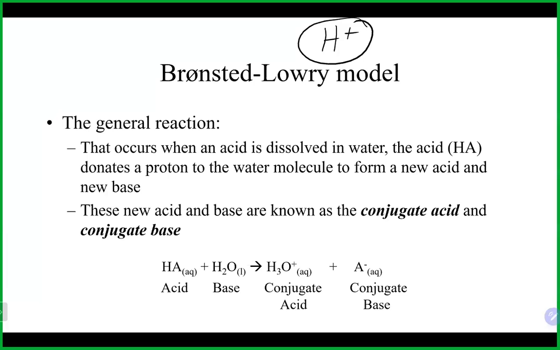For example, like our buffer that we use today, acetic acid and acetate, which comes from sodium acetate. The only difference between these two is that one H plus, and that is why they are related to each other.